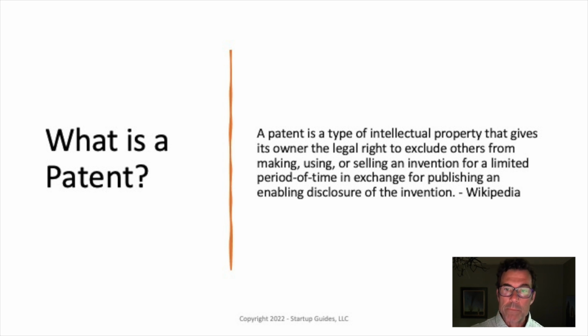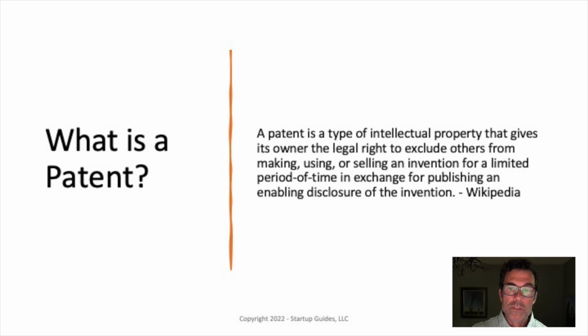And again, from my perspective, it gets closer to protecting the underlying idea versus in a copyright, the expression of that idea. And to get a patent, you have to prove that your invention is what they call novel, i.e. new, and non-obvious.